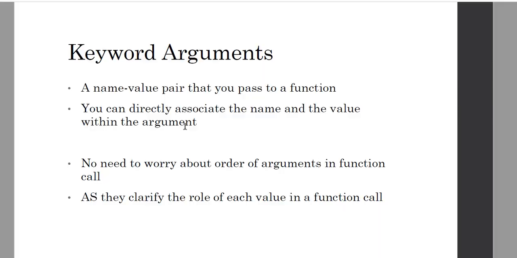Next, we'll look at keyword arguments. So keyword arguments means that they have a label associated with the value. So a name value pair, just like when we're working with dictionaries. So there's no need to worry about the order of arguments in a function call when it comes to keyword arguments because the keyword clarifies the role of each value in a function.